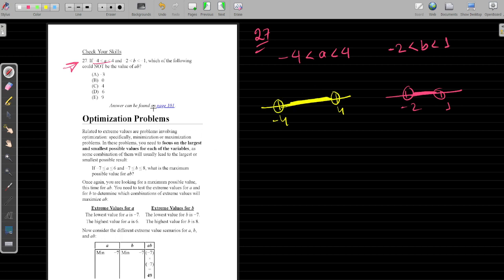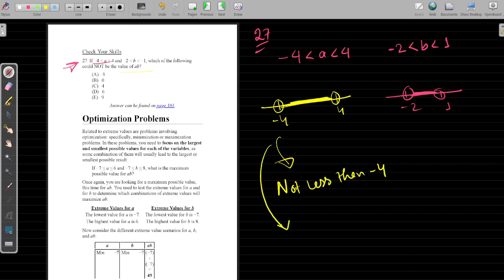So our question is: which of the following could not be the value of AB? First, what is the lowest value for A? For A, the lowest value is not less than -4, right? Any value which is not less than -4.